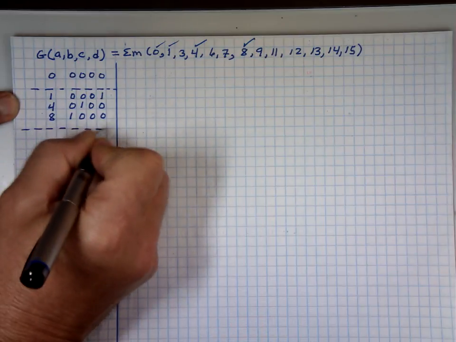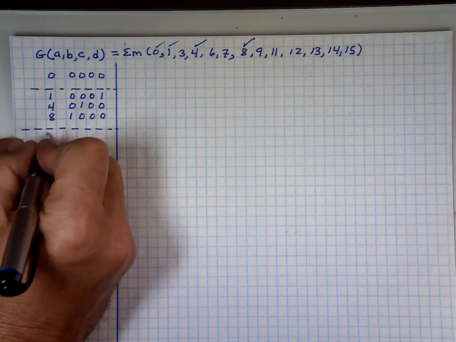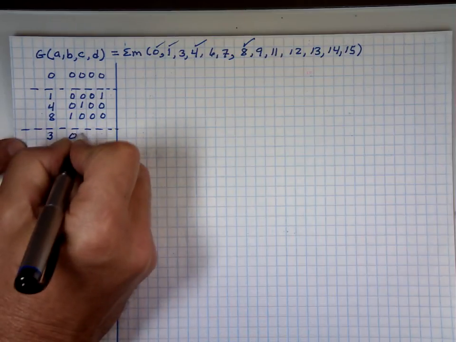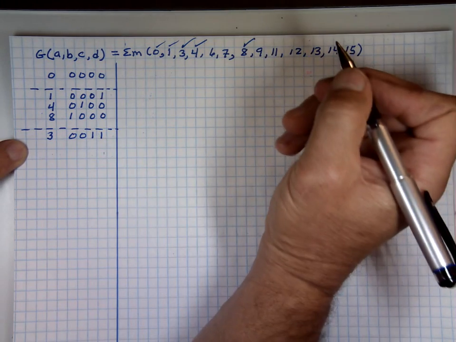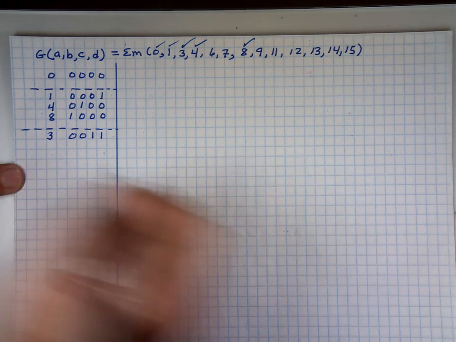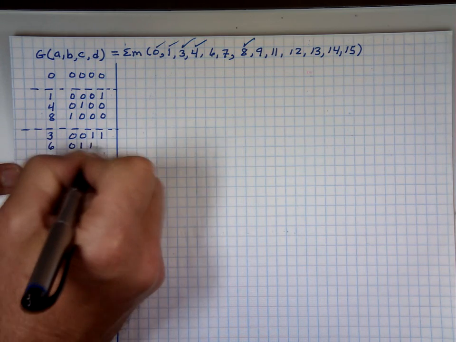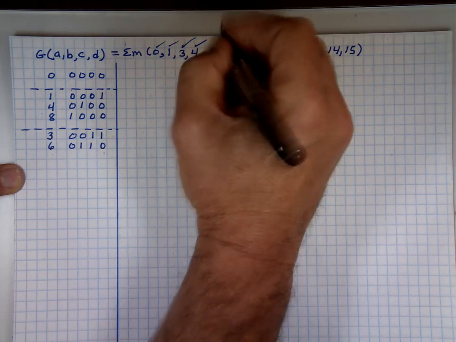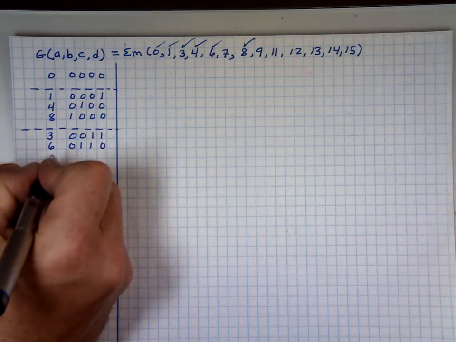Two ones. 3 has 2 ones. 0, 0, 1, 1. 6 has 2 ones. 4 and 2, right? 0, 1, 1, 0. Not the 7. The 9, 8 and 1. 1, 0, 0, 1.